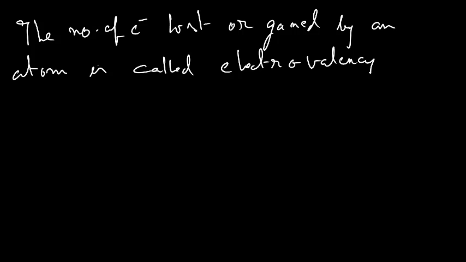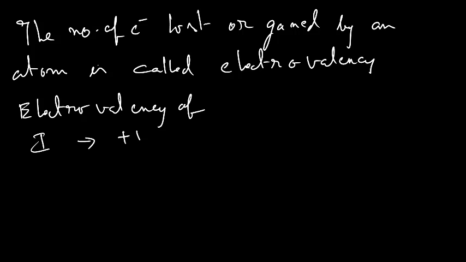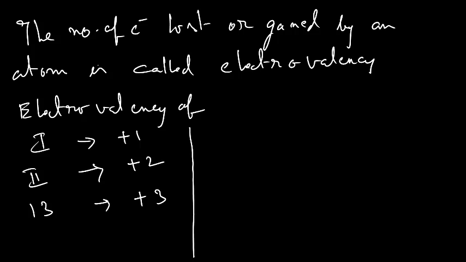So the electrovalency of the first group is plus 1, the second group is plus 2, the 13th group is plus 3. On the other hand, the 17th group is minus 1, the 16th group is minus 2.